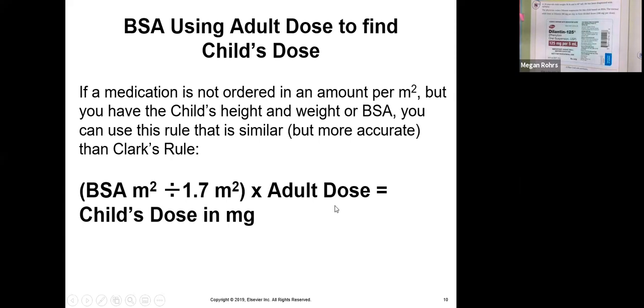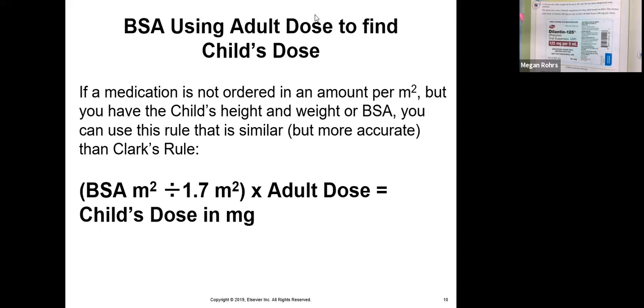Now you can see this is pretty similar to Clark's rule, but it is going to be more accurate because we're using their BSA. So in this case, we would take their BSA divided by 1.7. So 1.7 is just the average adult BSA.